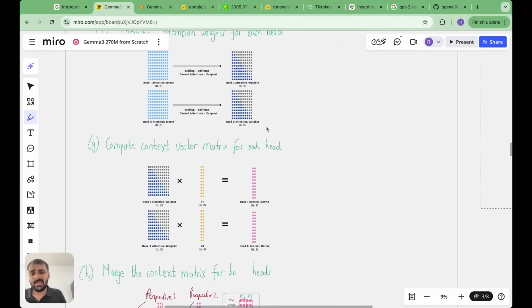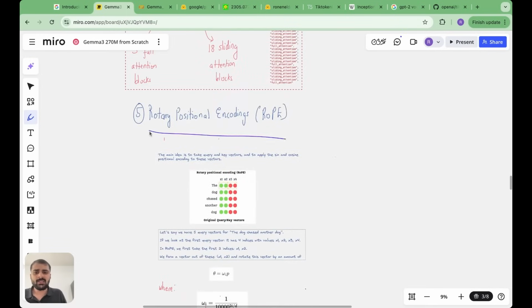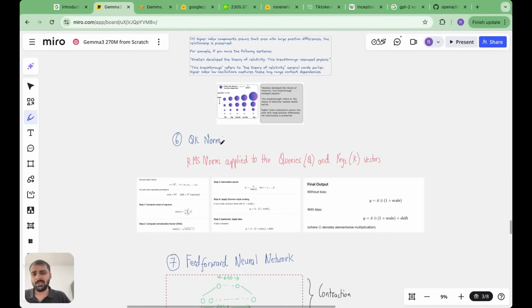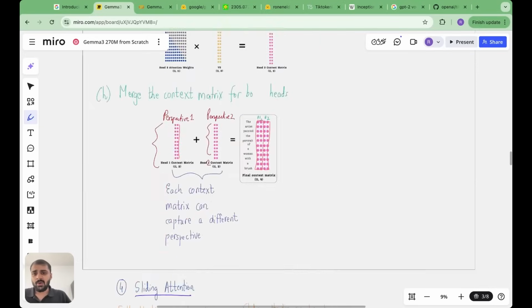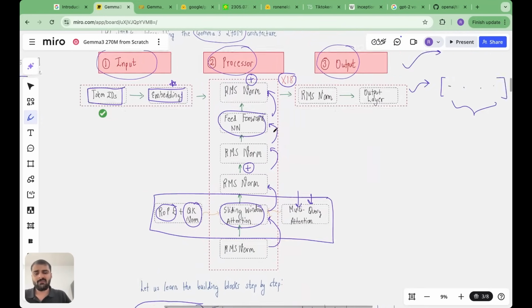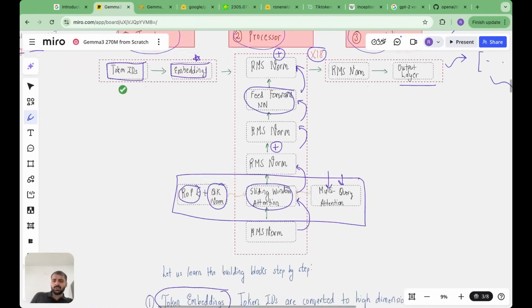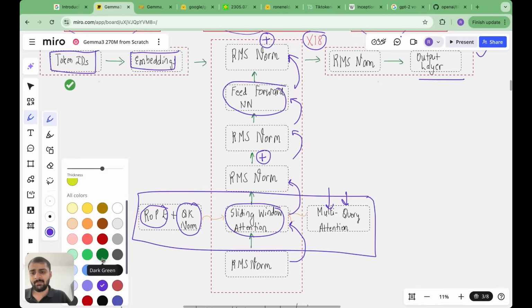Then what is this sliding window attention? I'll also explain what is sliding attention. Then what are rotary positional encodings? What is QK norm? What are the changes in the feed forward neural network? I'll explain that also. And finally, I'll explain the output layer. Okay. So let's go on a journey together and try to understand each and every one of these building blocks.